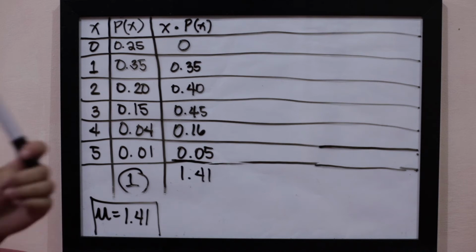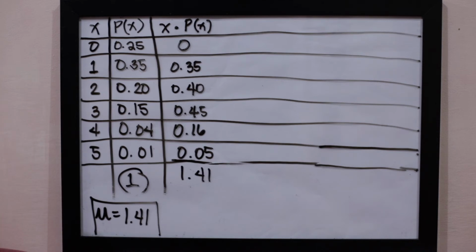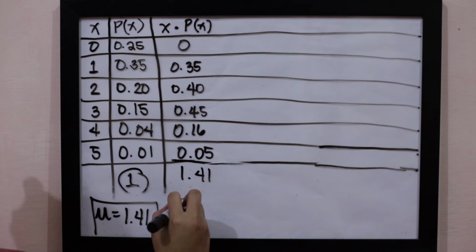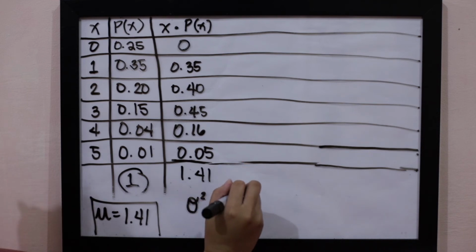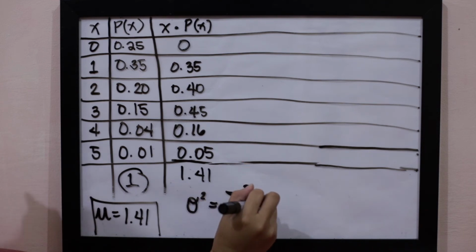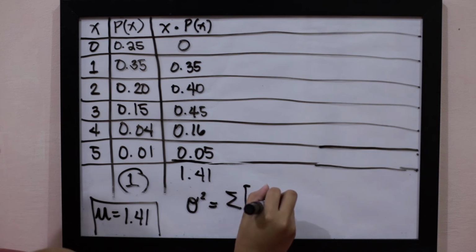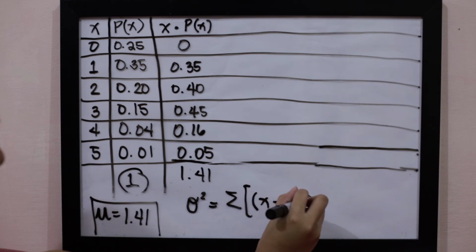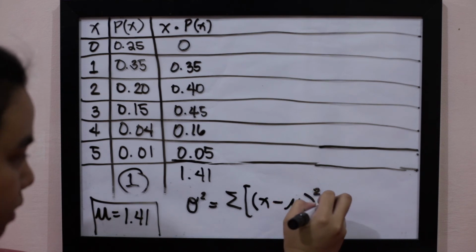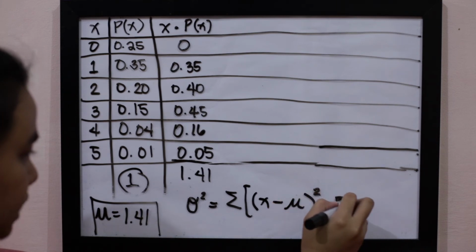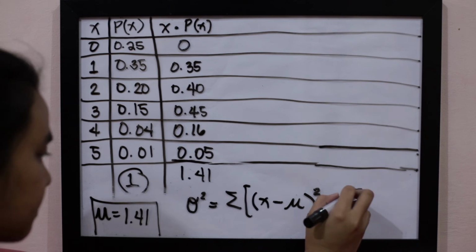So, that's it. Next, for the variance naman. For the variance naman, we can solve for the variance using this formula: the variance, or sigma squared, is equal to the summation of the quantity of x minus the mean, squared, multiplied by the probability of x.